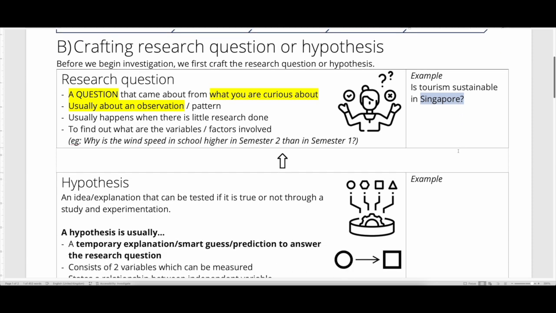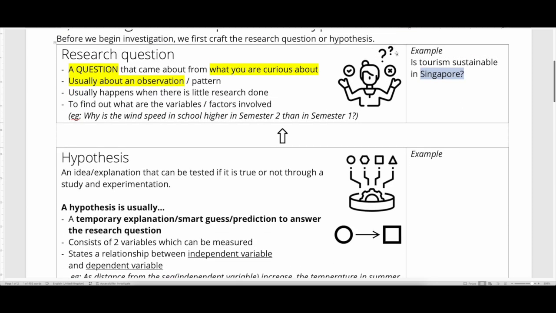Now next part, hypothesis. Once we have a research question, we will come out with an explanation or an idea. Usually it is a temporary one, or might be a smart guess or prediction to answer the research question. So my example earlier, I asked why is this person wearing red shoes? My hypothesis might be, that person is angry today.